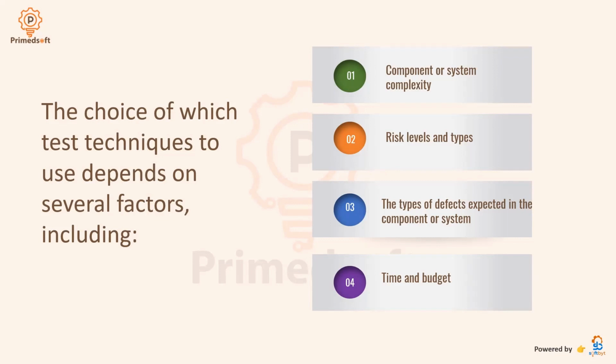That is why you look at the type of defect that could occur, and then you choose the appropriate test technique to test that functionality, and that will enable you to detect the defect or the bug that would occur around that component or system.